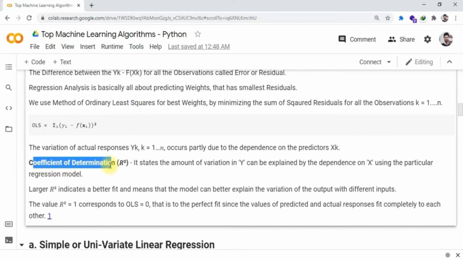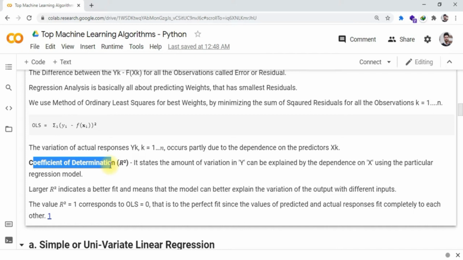Coefficient of determination states the amount of variation in y that can be explained by its dependence on the variable x. Meaning if we change a slight value in x, a change also happens in y. So all of this is the coefficient of determination.